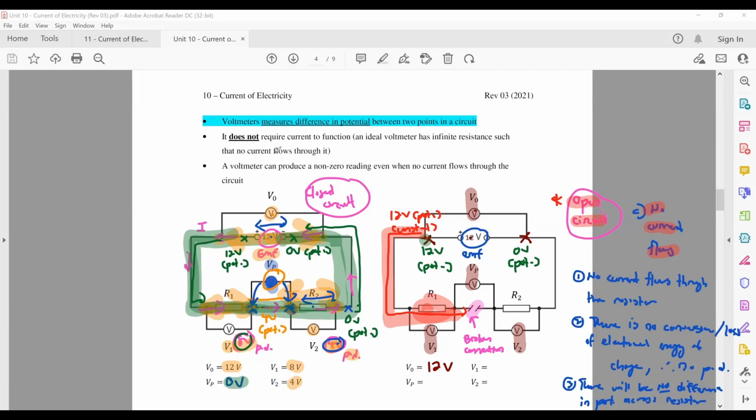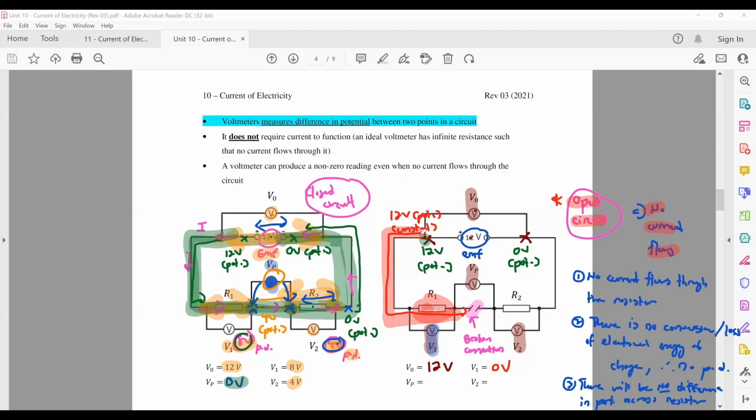So now if we ask you what is the value of your voltmeter reading at V1, this will actually just be 0 volts. Okay, then after that we look at V2, voltmeter 2.